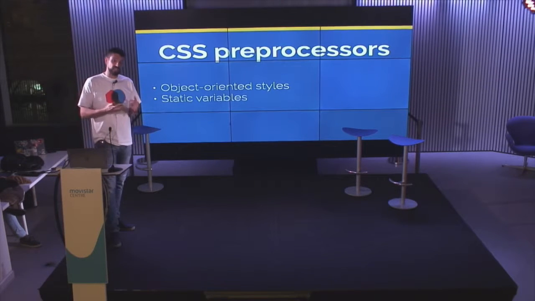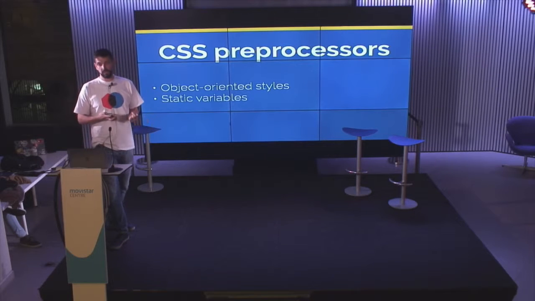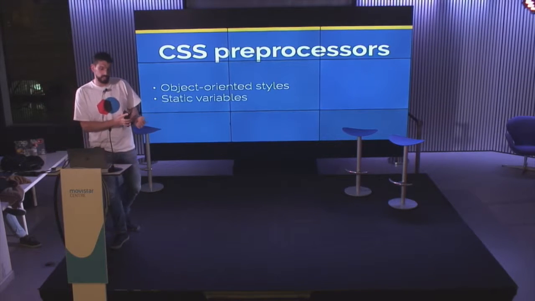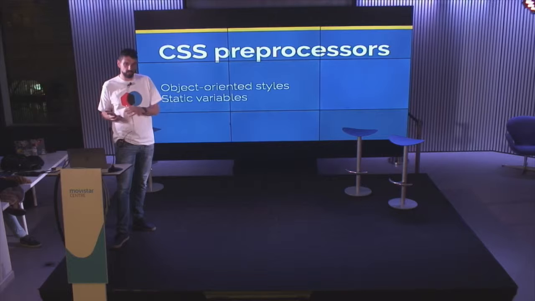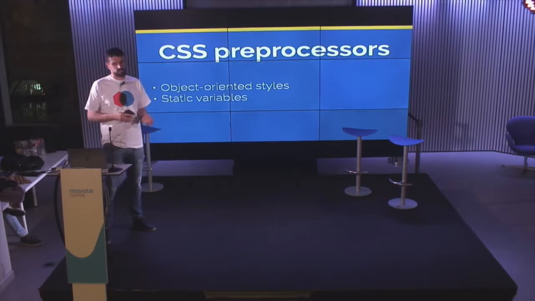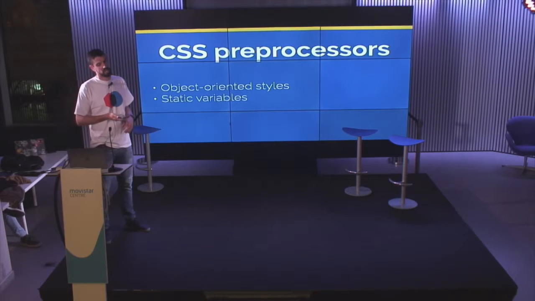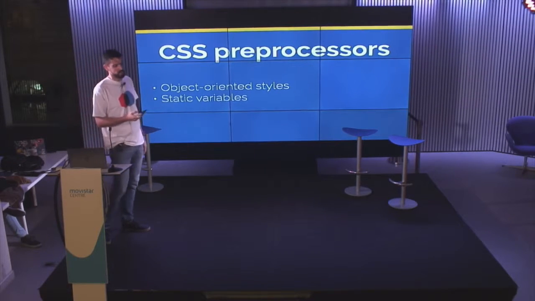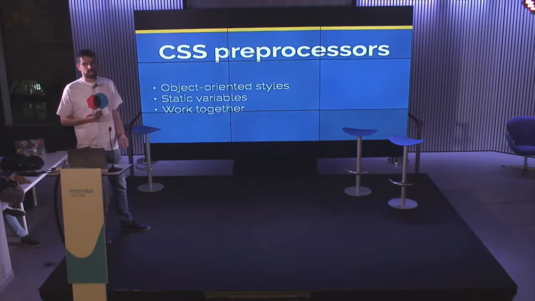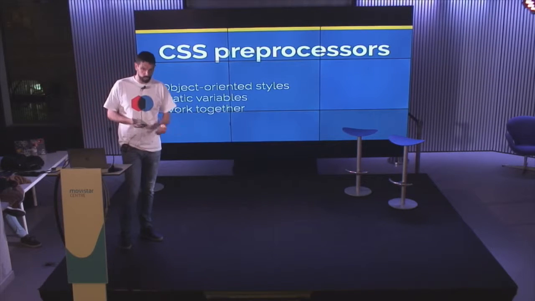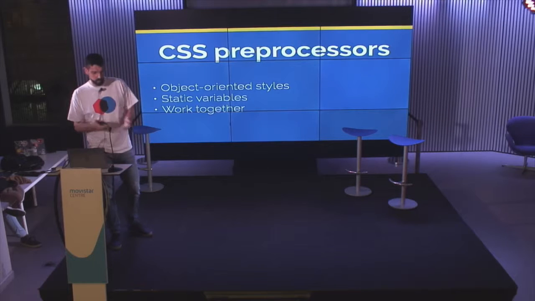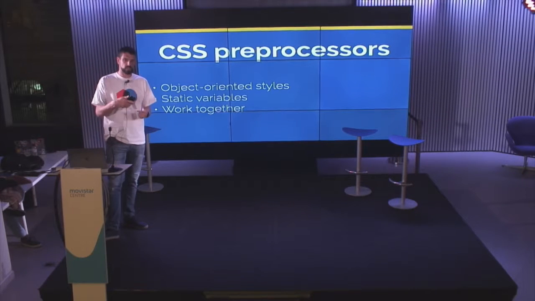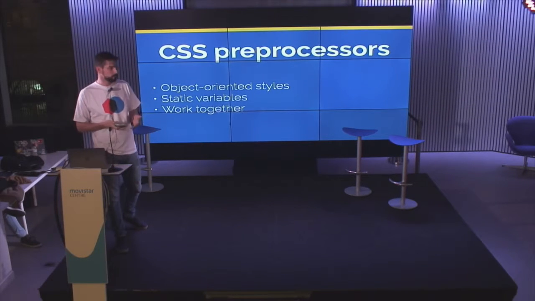We can have static variables, and this is the opposite of the behavior of the custom properties that I explained. SASS variables behave the other way, and that's good as well. I will explain why. And good news is that they work together. We can work with custom properties within SASS files.